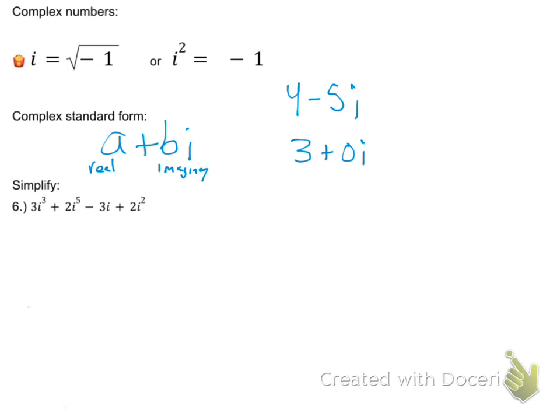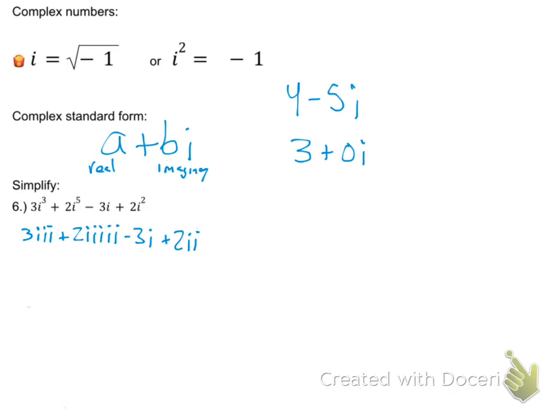Expand everything. 3i plus 2, 1, 2, 3, 4, 5 i's, minus 3i, plus 2i. Everybody could do that, right? Does everybody understand how I have that many particular i's at a time?